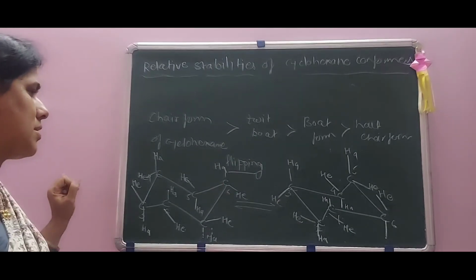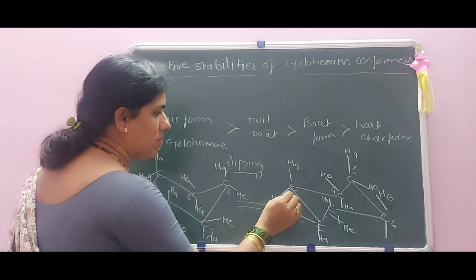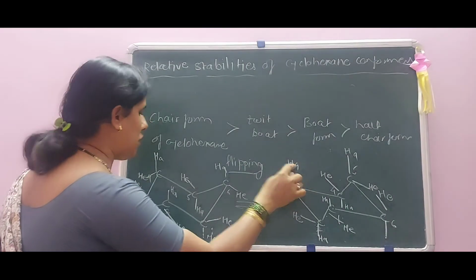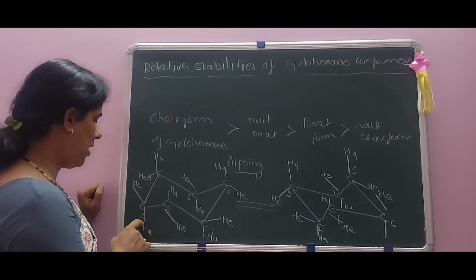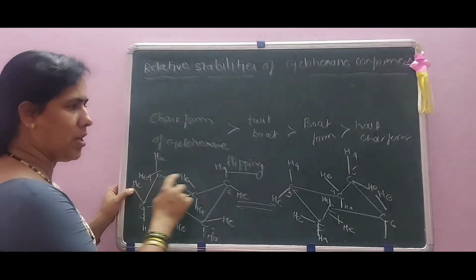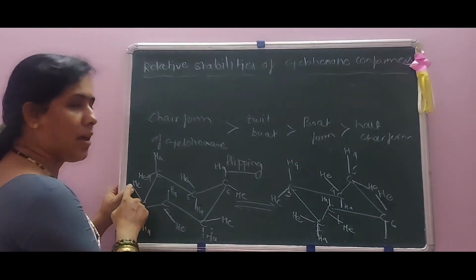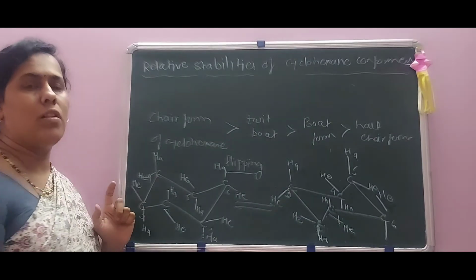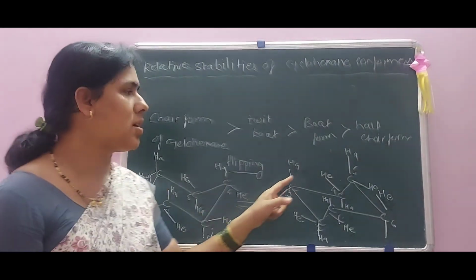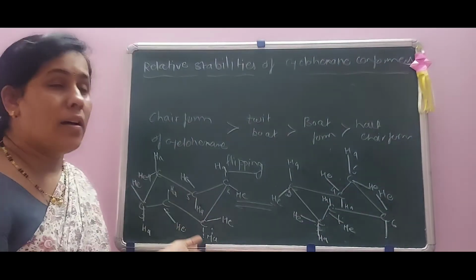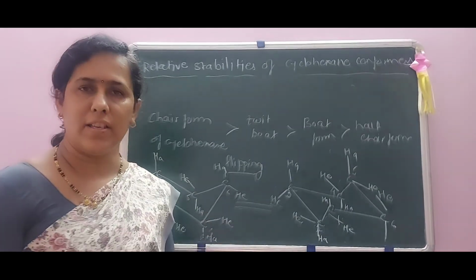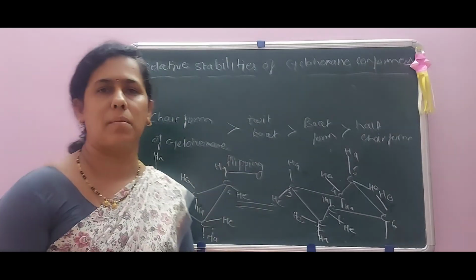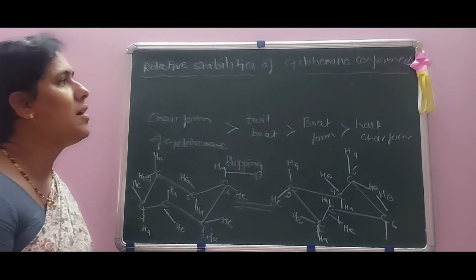See the conformations, considering the example of carbon number 3. Here it was HA, and after flipping it becomes HE, and vice versa. All the hydrogens in equatorial positions become axial, and vice versa. In this way, we have explained the relative stabilities of cyclohexane conformers.